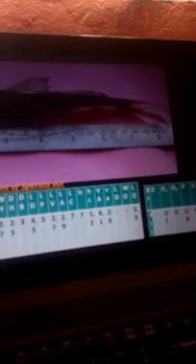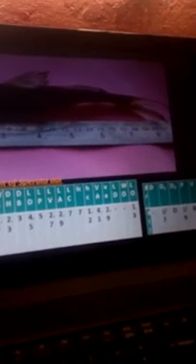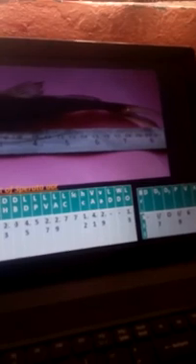Likewise, we have length of anal fin. It's also the same, from the base of the anal fin up to the tip of the anal fin is called the length of the anal fin. We have length of the caudal fin, from the base of the caudal fin to the tip of the caudal fin.